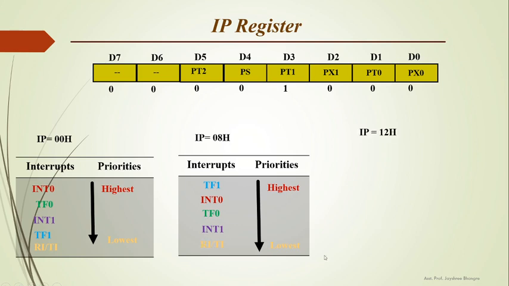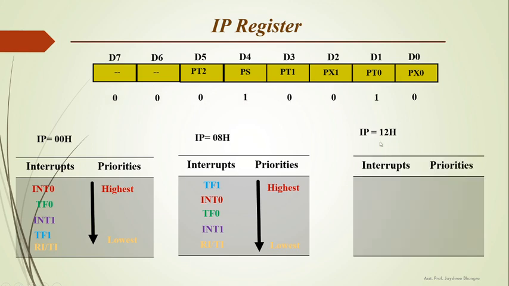If we place IP equal to 12H, here we are assigning priorities to the serial port and timer 0. So as in default priorities, TF0 has higher priority than serial port interrupt. That's why here also TF0 has higher priority than serial port interrupt.